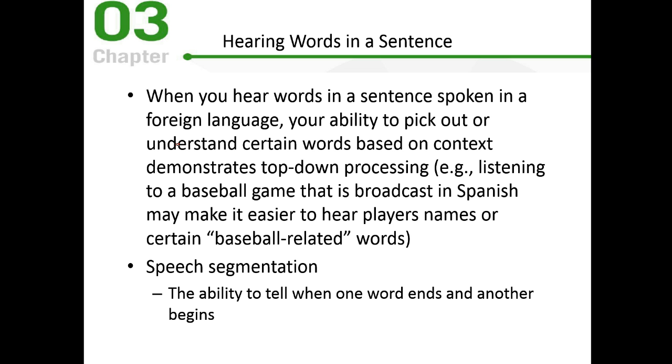So this is an example of how we can use context to understand something that we don't even really understand, but because there is enough similarity, we can infer from context, we can make meaning based on our prior knowledge and our prior experiences.